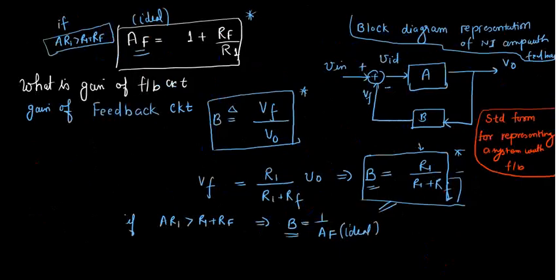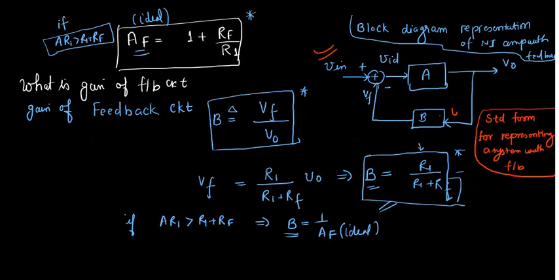Okay, just also notice this circuit in controls. Have you studied control systems? Not yet. Okay, so this is your A. This is your amplifier A, and you are providing VID to it. And you are taking some part of V naught, and you are giving it to a feedback circuit whose gain is B, which you have derived.